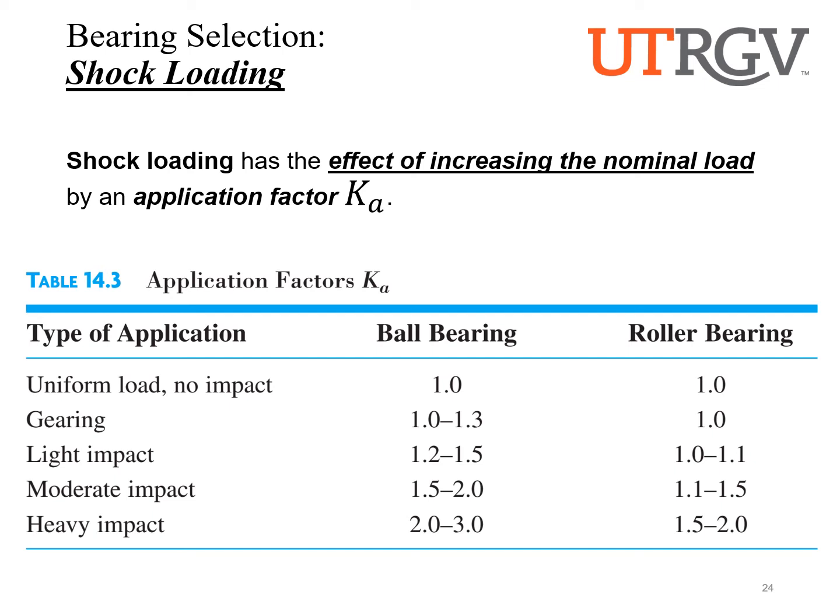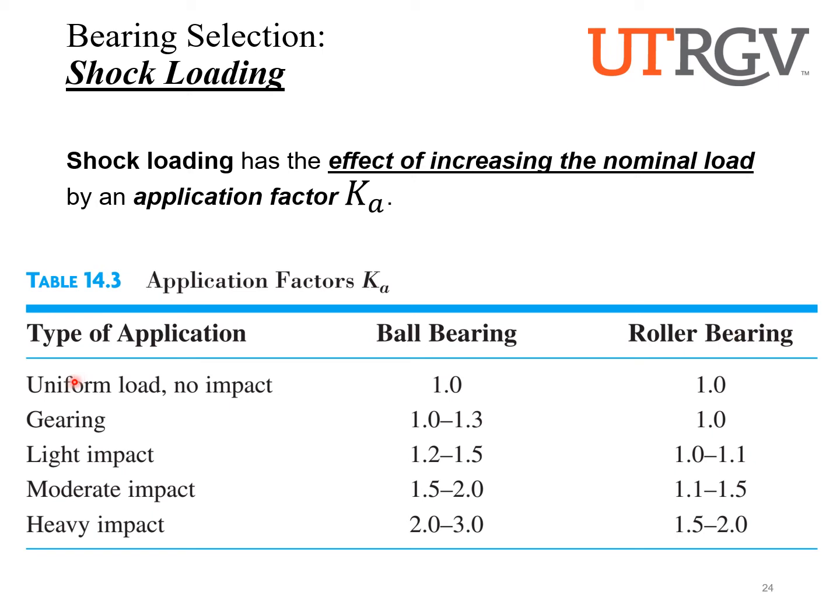The other thing that can happen is that the bearing can be under a shock load, and this shock loading is going to effectively increase the nominal load on the bearing, and we're going to account for it with an application factor Ka. So here we have two types of bearings, a ball bearing, remember point contacts, and a roller bearing, which is a line contact.